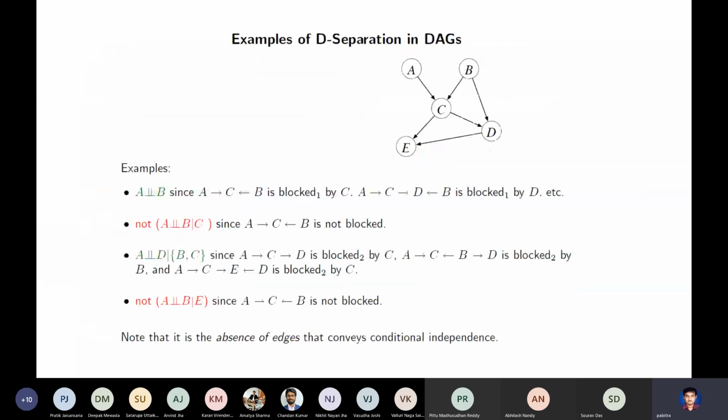I'll explain it by a property known as d-separation.